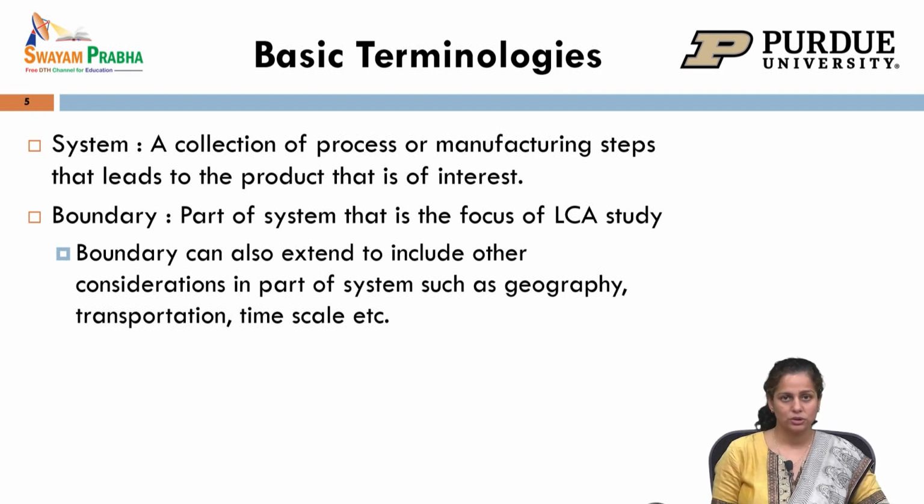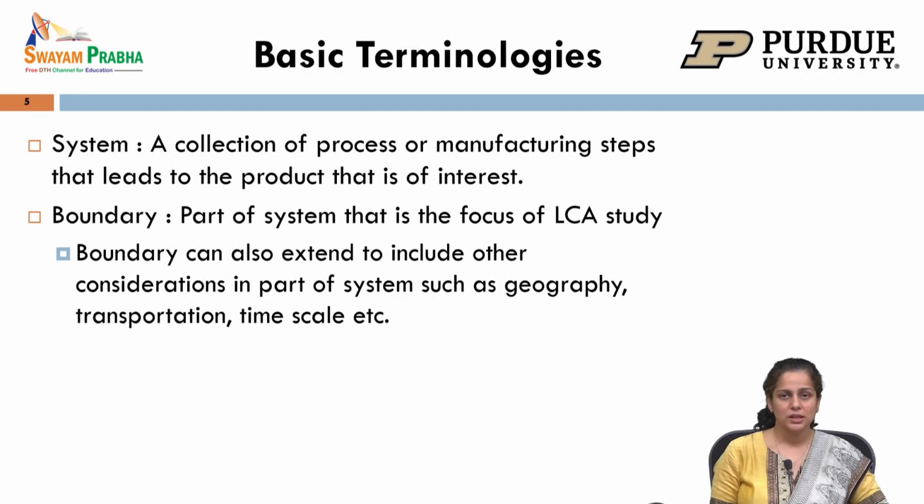So, you do not want to include all the system components in your study, and that is what is called a system boundary. Every time we think of LCA, the first thing we think of is definitely the system boundary, and in this course we will go into more detail of how we select the system boundary, what it entails, and how it makes a difference in decision making.